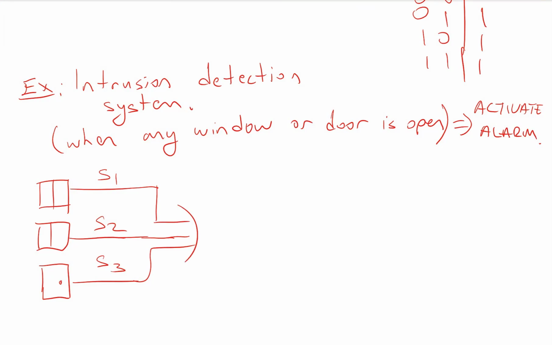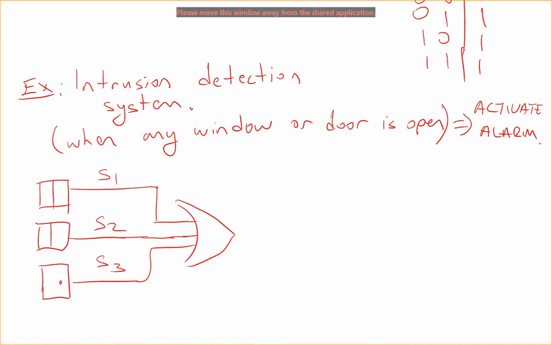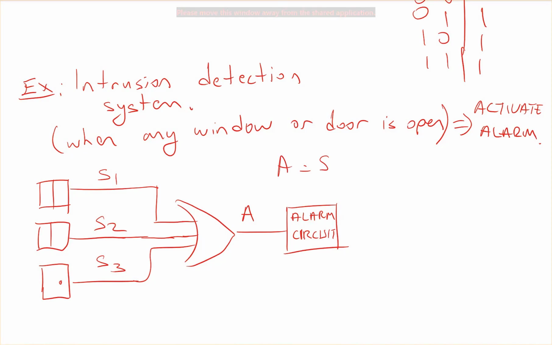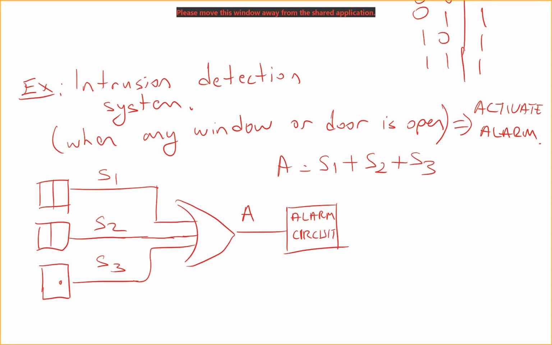So for this, I need to use an OR operation. If any of these is open, let's say my output is A, and this is an alarm circuit. So I will activate my alarm if any of my door or windows are open. I can represent this in a Boolean equation.